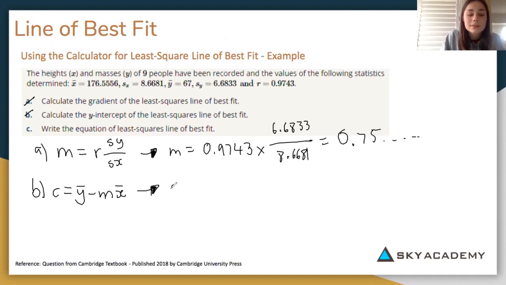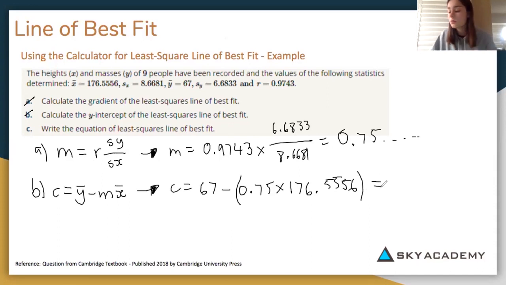And if we do that, we have C equals the mean of y, which is 67, minus 0.75 times the mean of x, which is 176.5556, which equals, now put that into your calculator, you should get a value of negative 65.4167.